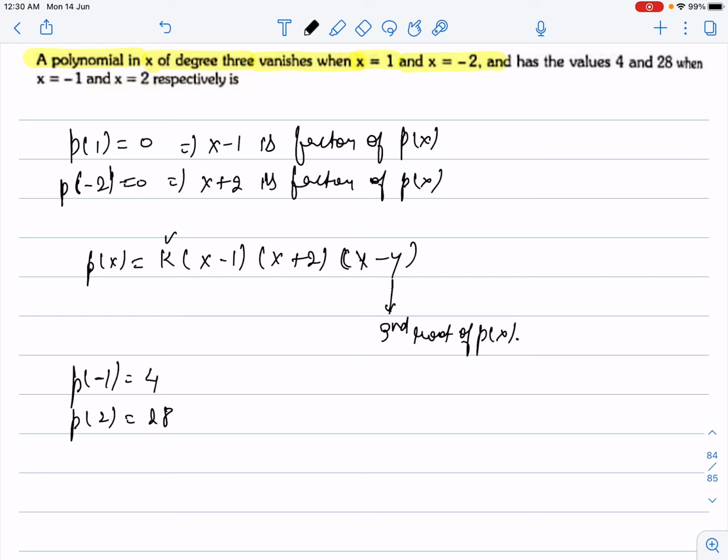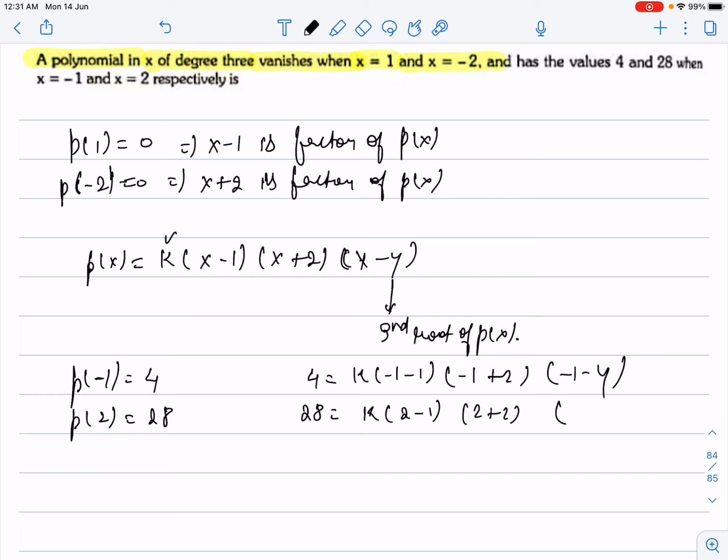The value of p of minus 1, how can it be written by me? 4 is equal to k multiplied by minus 1 minus 1, minus 1 plus 2, minus 1 minus gamma. And 28 can be written as k multiplied by 2 minus 1, because it is p of 2. So 2 minus 1, 2 plus 2 and 2 minus gamma. Let it be the first expression, let it be the second expression.